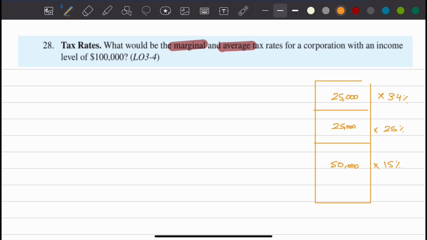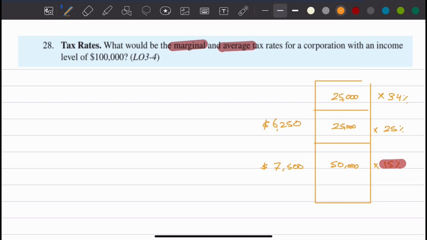So what we're doing here is applying this tax rate to the first 50,000 only, so 50,000 multiplied by 0.15. That's going to give us $7,500. And then the other 25,000 up to 75,000 is going to be taxed at 25%. So 25,000 multiplied by 0.25, that's going to be 6,250.